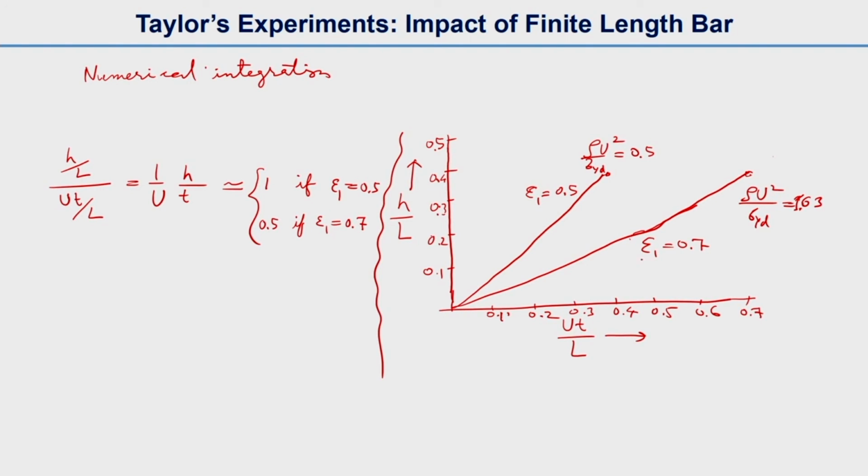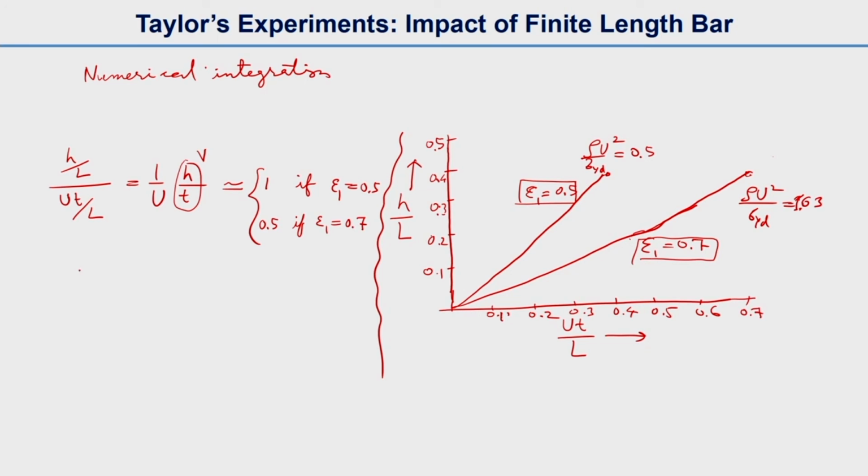So here we can see these two plots in the same curve. So basically this h by t is nothing but the plastic wave propagation velocity.